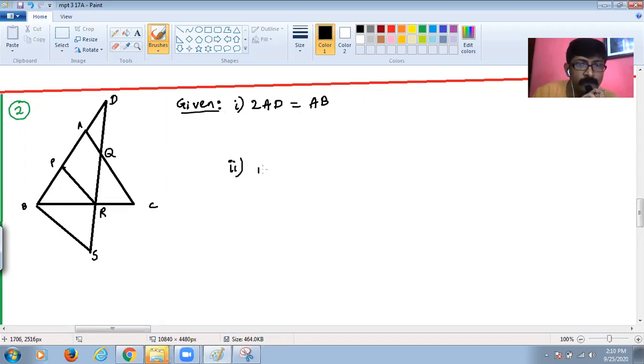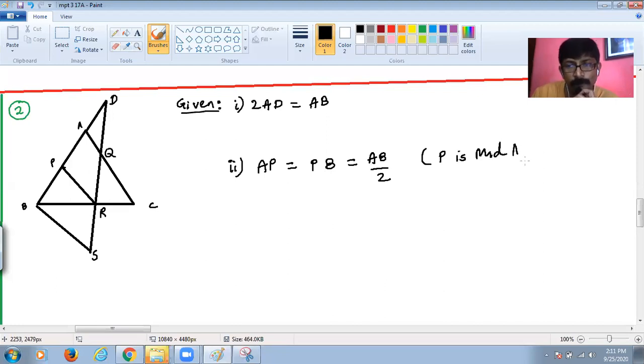That means AP is equal to PB, which is equal to AB upon 2, as P is a midpoint of AB.